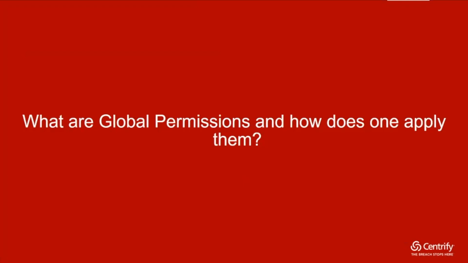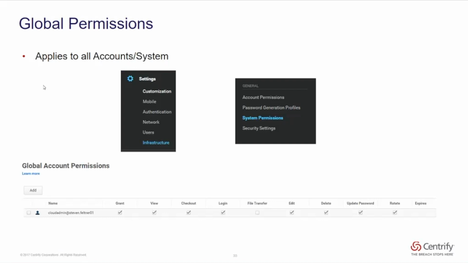All right, let's move on to what are global permissions and how does one apply them? So, global permissions. Global permissions, hence the name, applies to all accounts and systems.